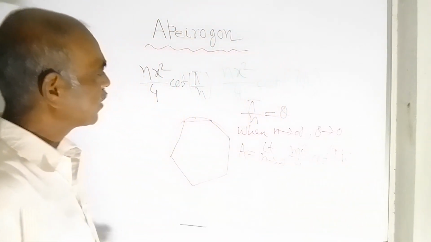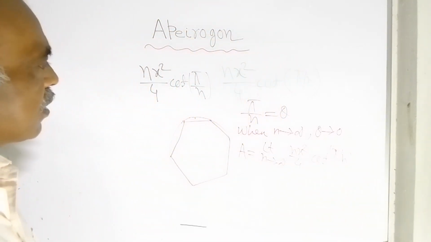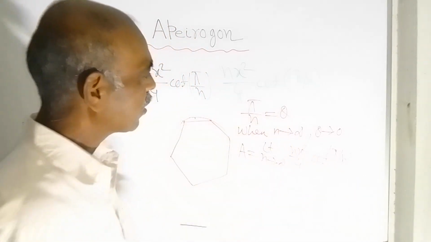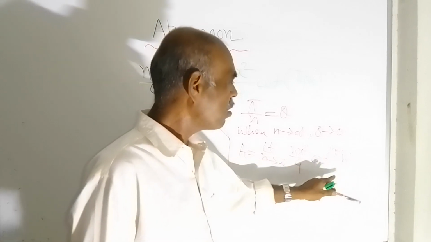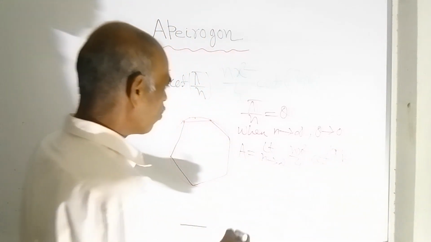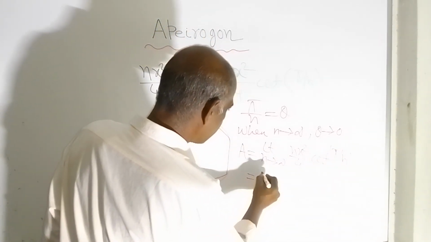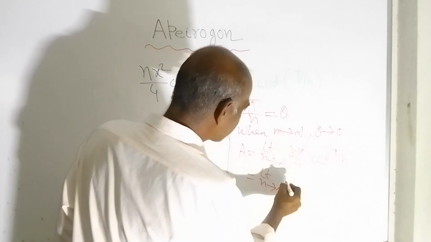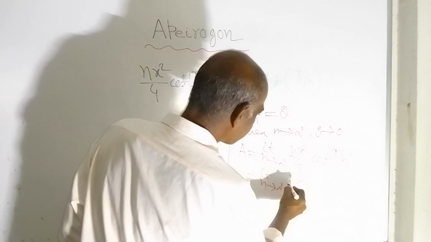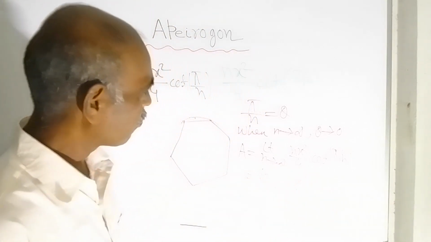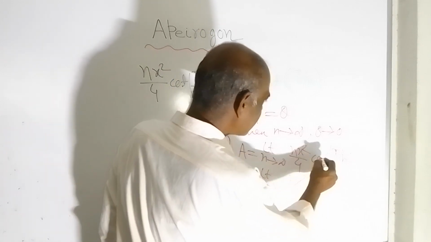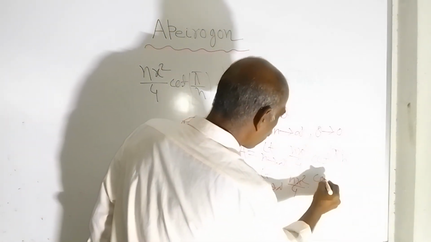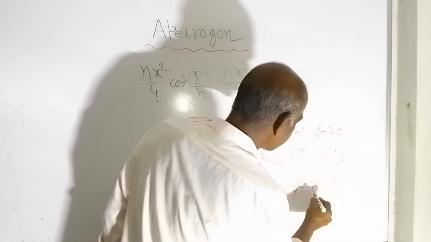Then you replace pi by n by theta, so this will become cot theta. So you write limit n tends to infinity, keeping this n as it is, n x square by 4, and cot is cos by sine, so cos theta divided by sine theta.